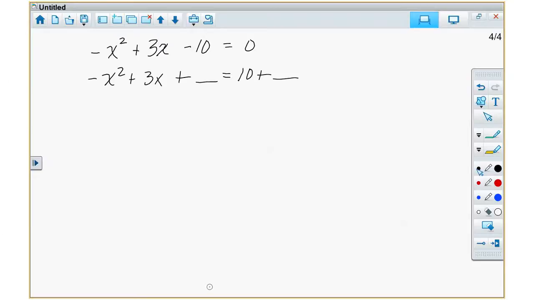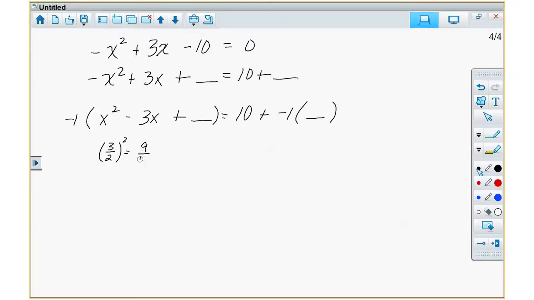Factor out that negative 1. That leaves me with x squared minus what? 3x plus blank is equal to 10 plus negative 3, negative 3, negative 1 minus blank. 3 divided by 2 is equal to what? 3 divided by 2. And 3 divided by 2 squared is 9 fourths. 9 fourths goes there.